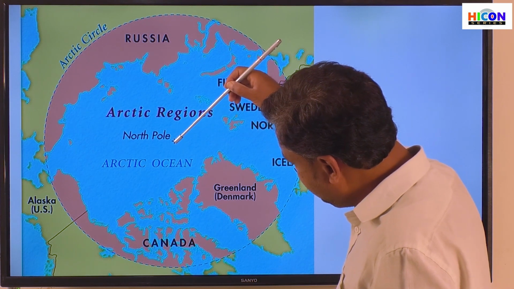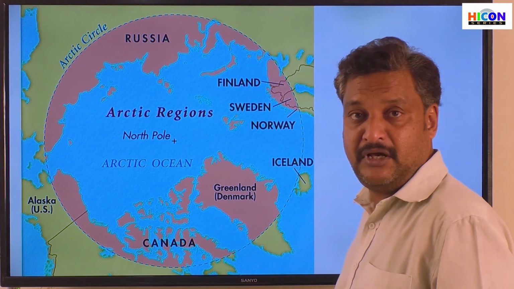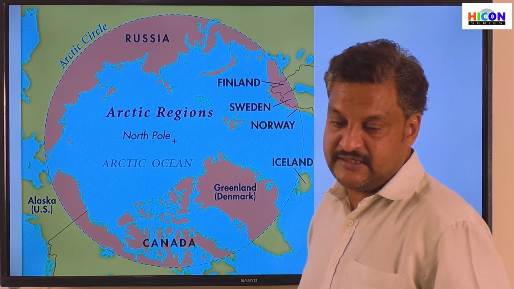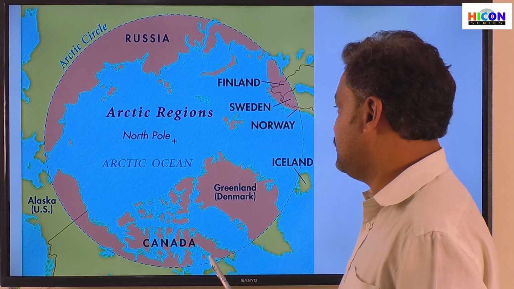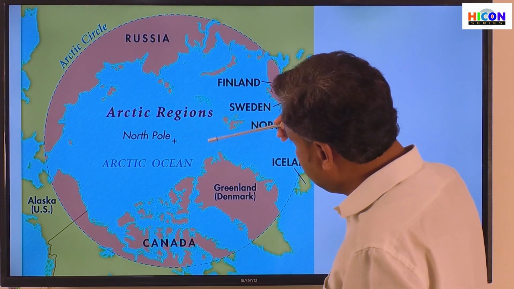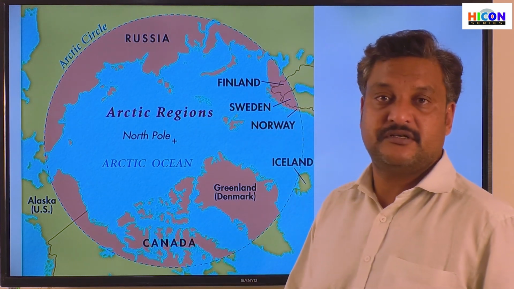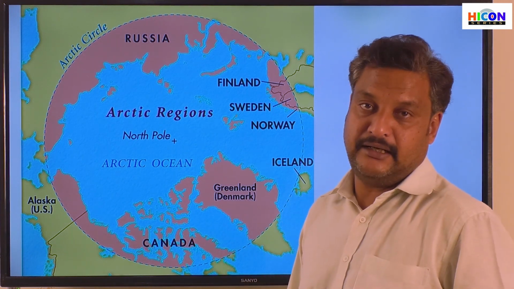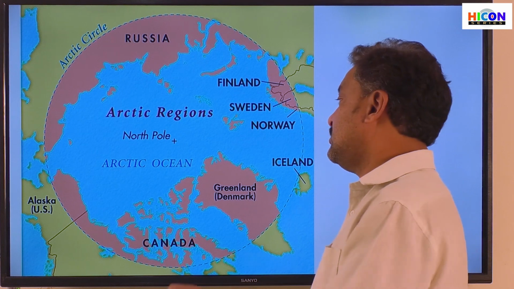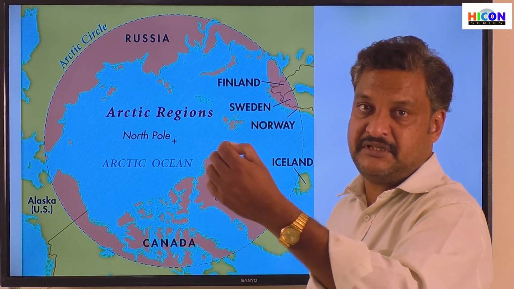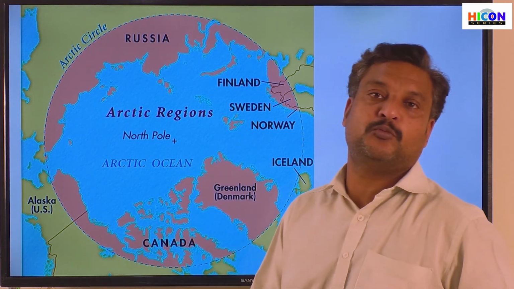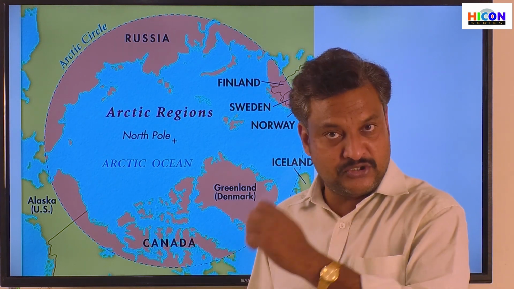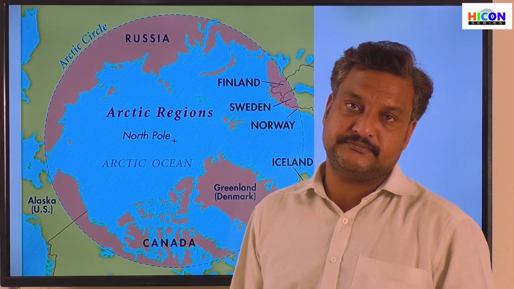So this region is the closest land mass to the North Pole, and that area is known as Cape Morris Jesup. It is located in Greenland. So the northernmost land mass, close to the North Pole, is Cape Morris Jesup, and that is also located in Greenland.